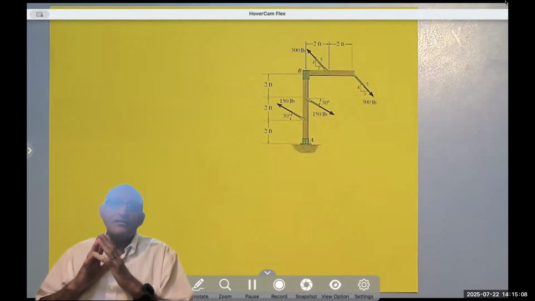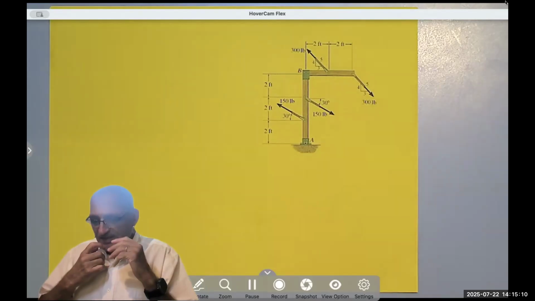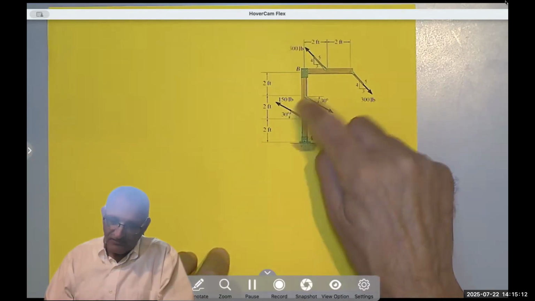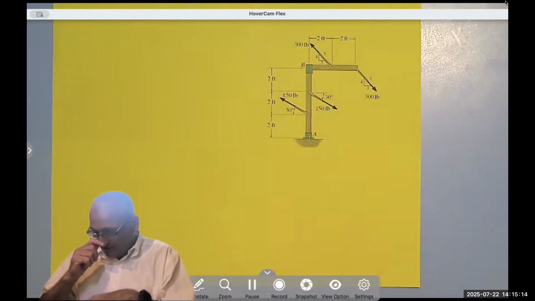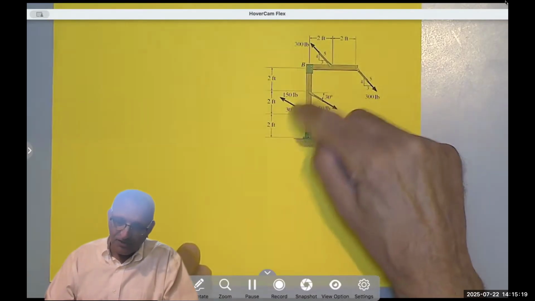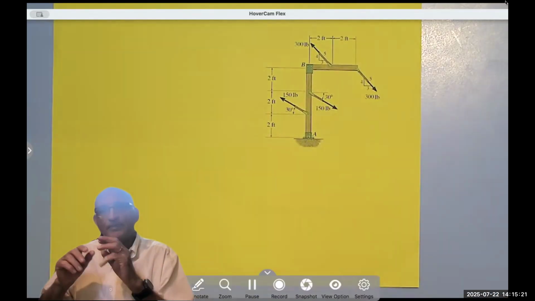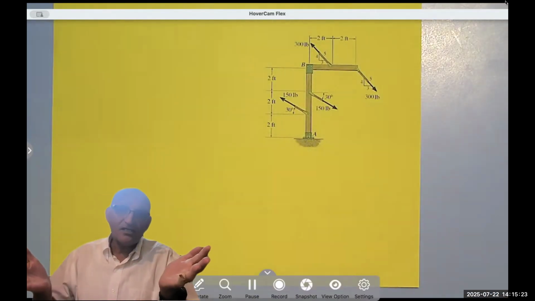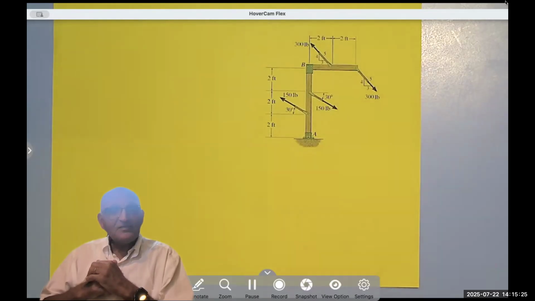The first thing that people usually say is try to find the vertical distance between each couple and then multiply the force by that. The problem is it's not hard, but you know, there is an easier way to do it.